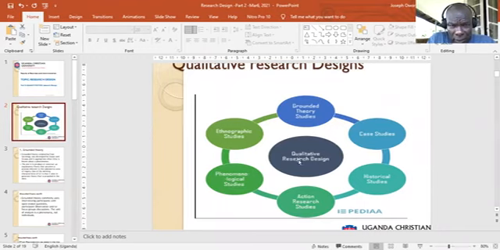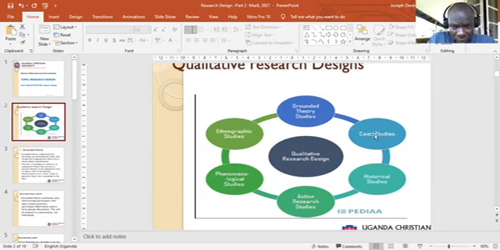There is a drawing of the research designs that we are going to handle today. My cover page may have had an error, but we are going to handle qualitative research designs today. And we will start with this one here, grounded theory.